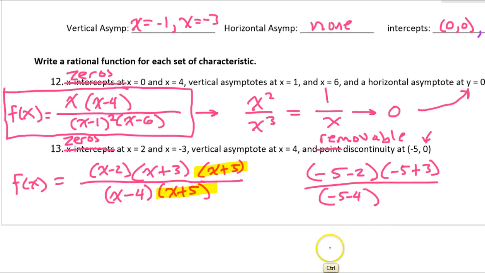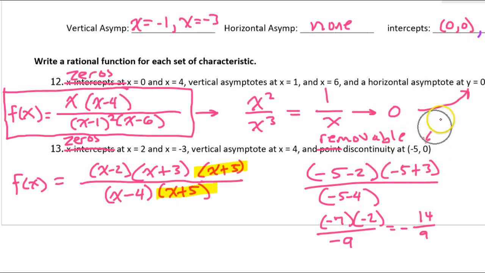So what does this make? Well, it's not going to make 0 for sure. This is going to make -7 times -2 over -9, so this is going to make 14 over 9, so -14 over 9. So this is going to give me a removable discontinuity at -5, -14 over 9.